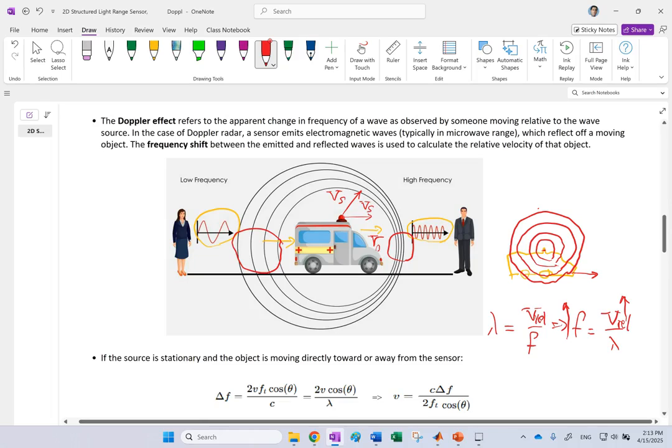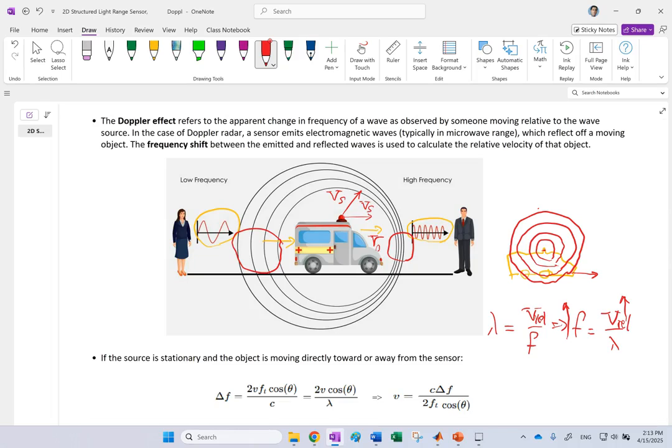That's the Doppler effect. And so that is basically a way for us to measure this V of the object. If we know V of the sound, which we do, then based on the change in the frequency of the signal, so if I can look at the frequency of the original signal and the frequency of the received signal, either in the front or on the back, I can measure this V relative, because again, I know lambda and I know f.